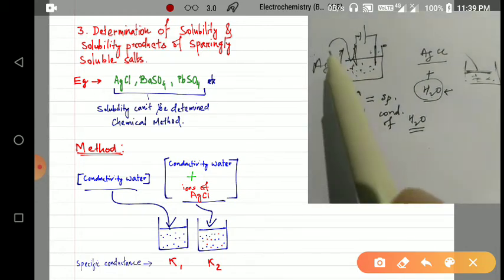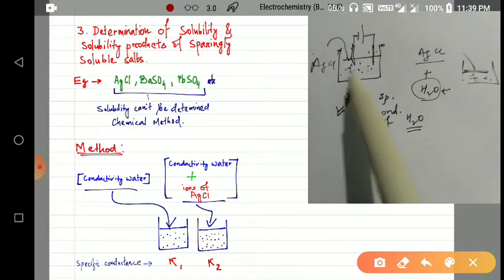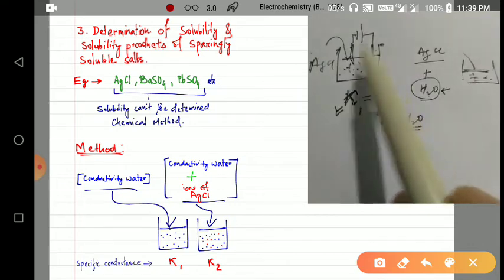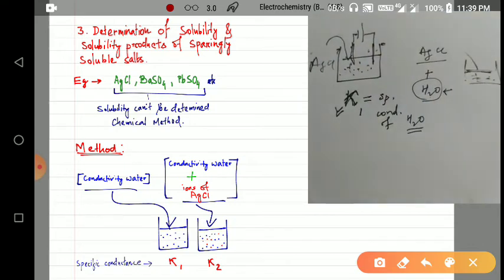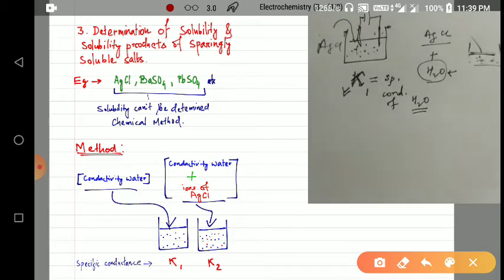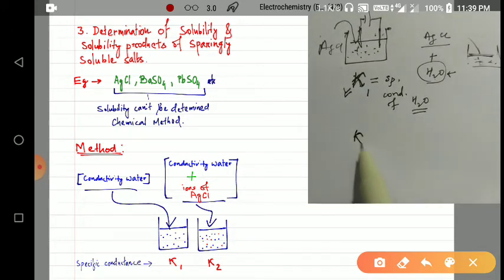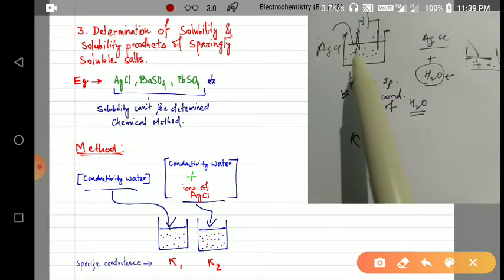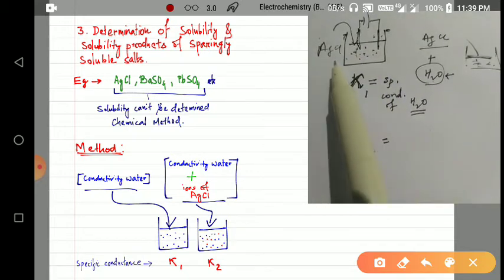Or you can just add silver chloride in this water, stir it, insert the two electrodes and calculate the specific conductance for the solution of silver chloride.